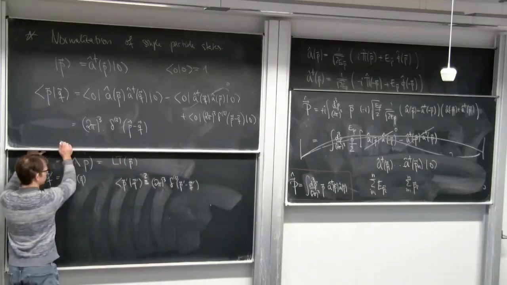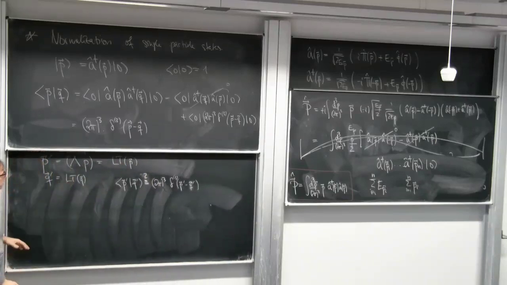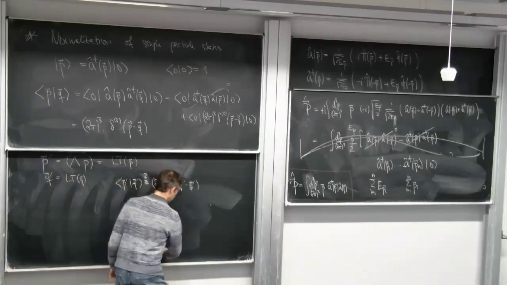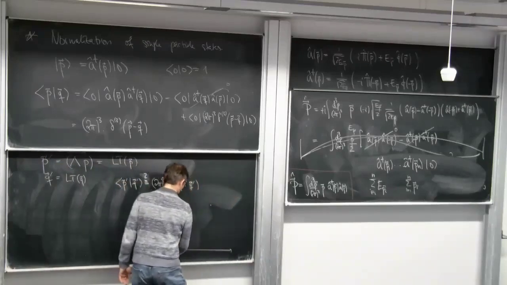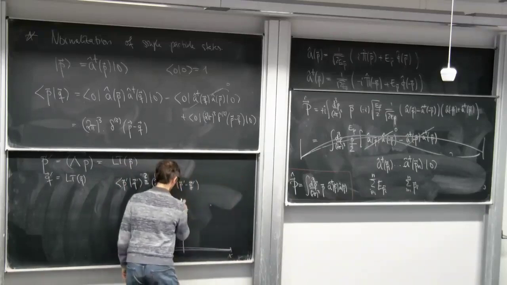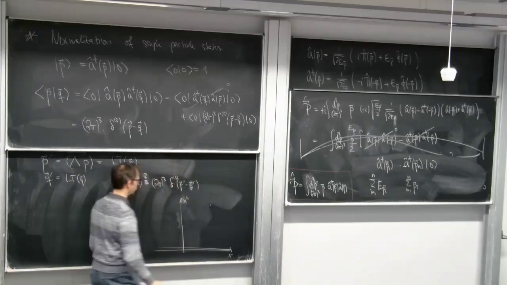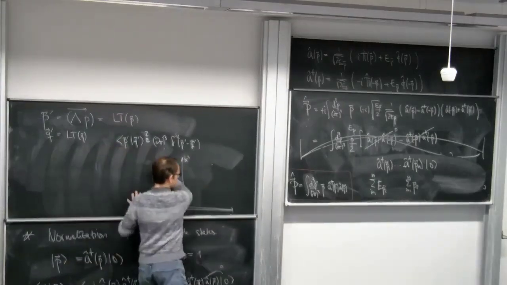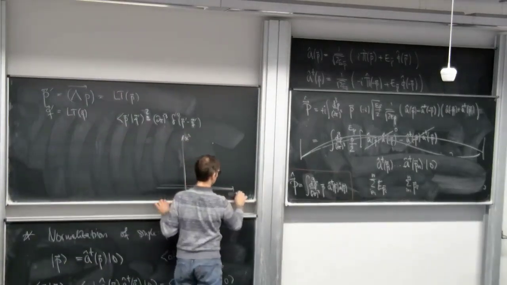How does the momentum transform under Lorentz transformations? Instead of writing this in the most general, most complicated way, let's just say we have one observer, that's us, sitting here. This is our time, x0, and this is our coordinate x vector.